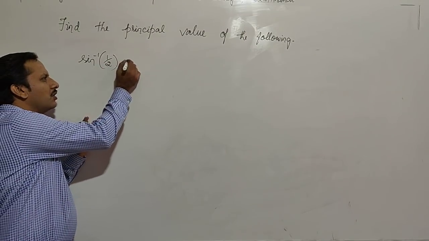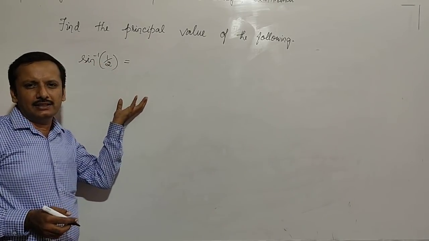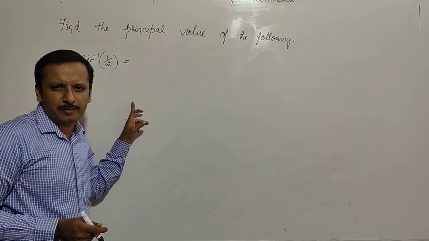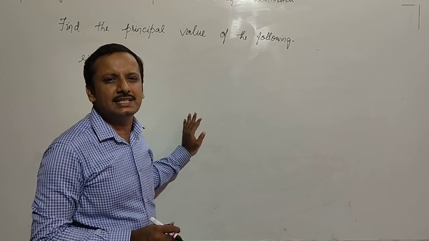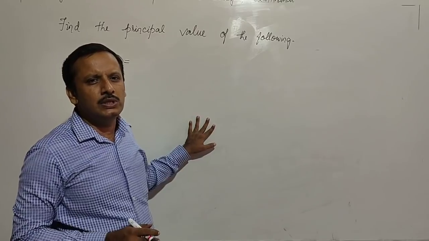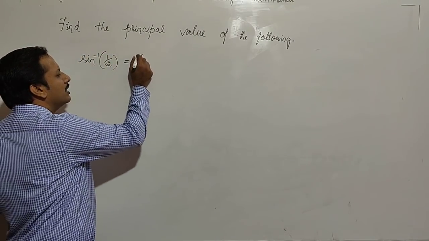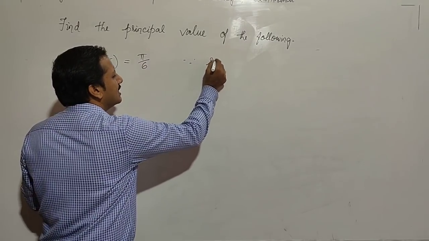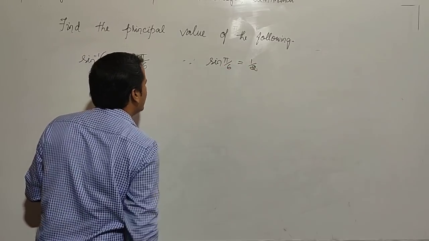Here we have to find a value of theta such that sin theta is equal to 1 by 2, and we have to ensure that theta is in the closed interval minus pi by 2 to pi by 2. So it is very obvious that sin inverse 1 by 2 is equal to pi by 6, since sin pi by 6 is equal to 1 by 2.